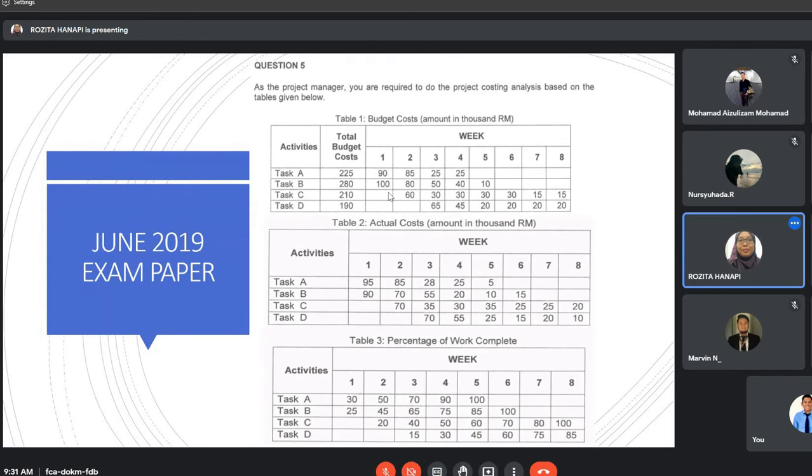170 and then week keempat you dapat 65, 75. Okay, 140 and then 1, 2, 3, 4, 5, 60 and then tambah 50 tambah 35.